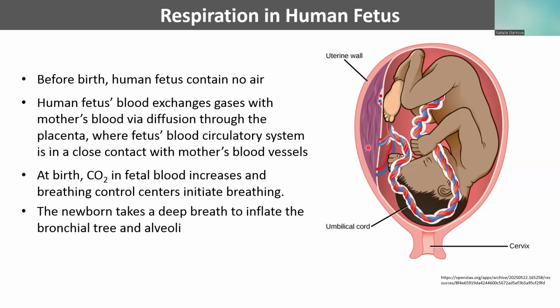And it's also where the carbon dioxide from the baby's blood diffuses into the mother's blood vessels and is then carried out to the mother's lungs when she exhales this CO2. I just have to mention that the circulatory systems, their vessels, do not fuse. They simply are very close to each other, so they can exchange these gases.